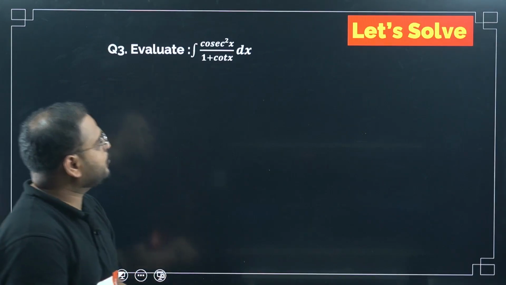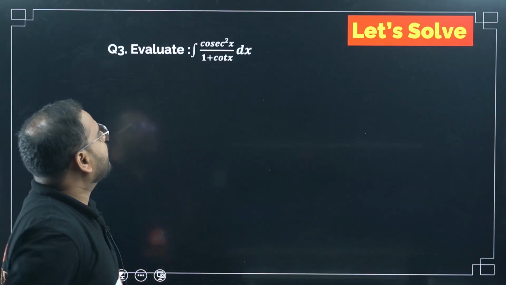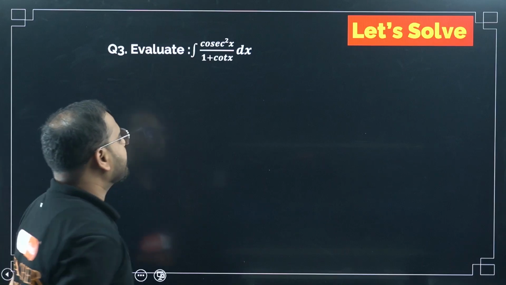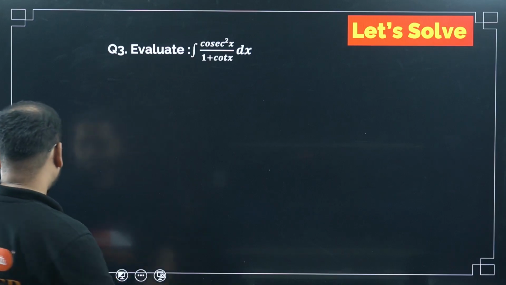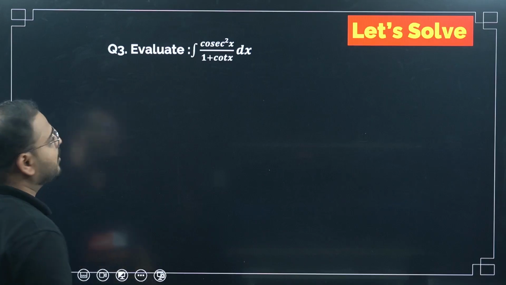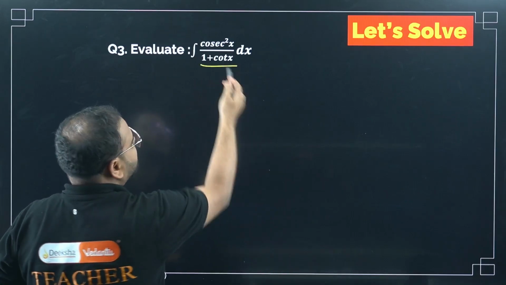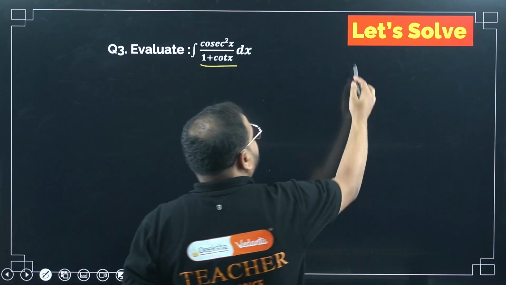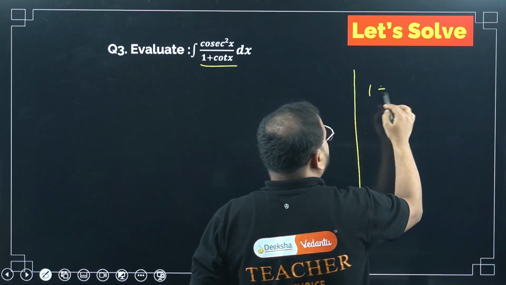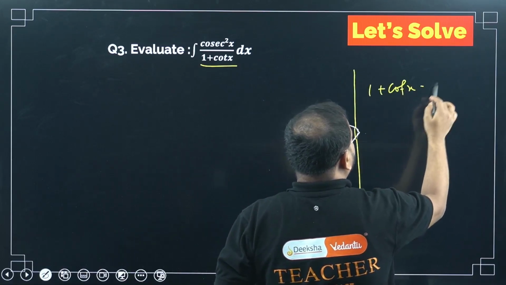Cosec square x upon 1 plus cot x. Cosec square x upon 1 plus cot x. Okay, how will I solve this? How will I solve this? Please see here. So this is so simple again. 1 plus cot x I can take as t.